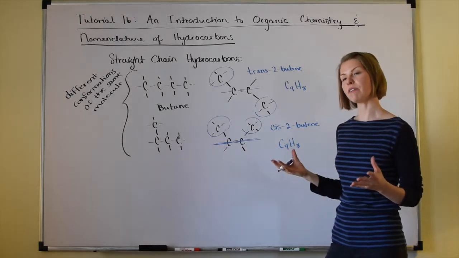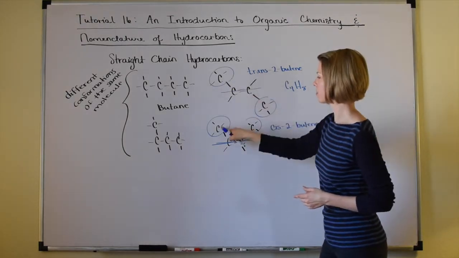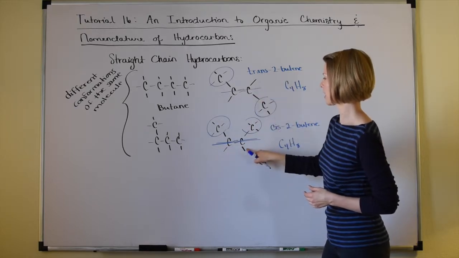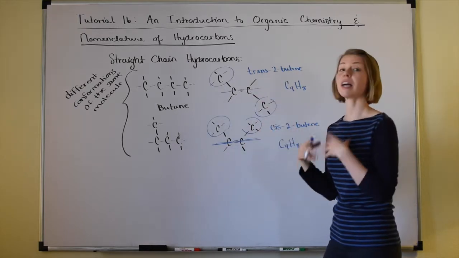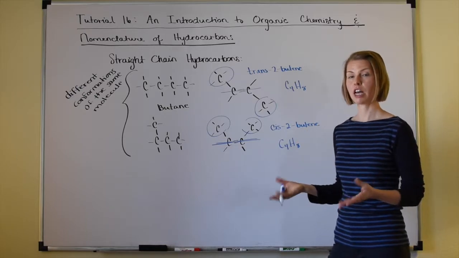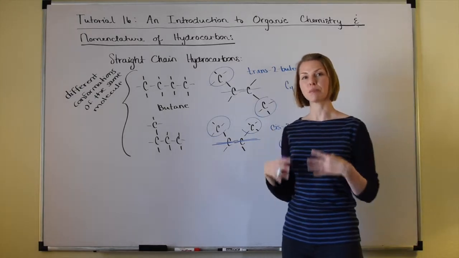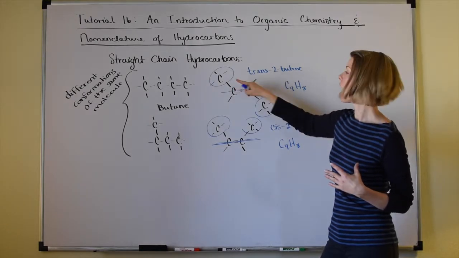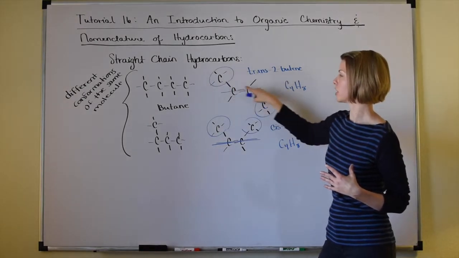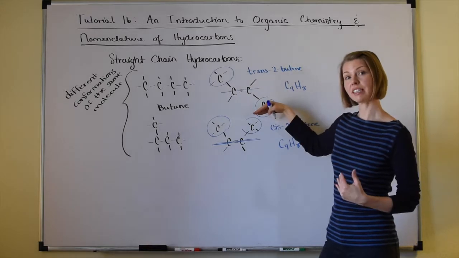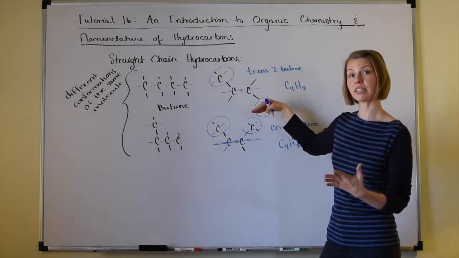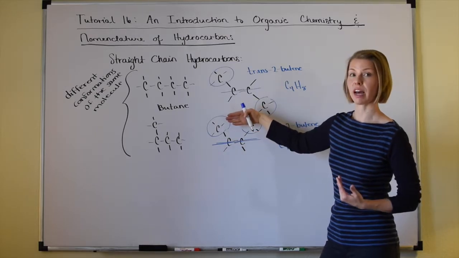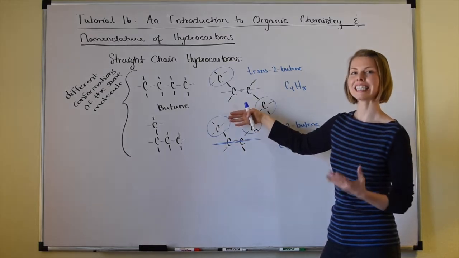Same connectivity of atoms, CH3, followed by a CH, followed by another CH, followed finally by another CH3. But a different three-dimensional orientation about the carbon-carbon double bond. Either the largest substituents are on opposite sides of the double bond, trans, or the largest two substituents will be on the same side of the double bond, cis.